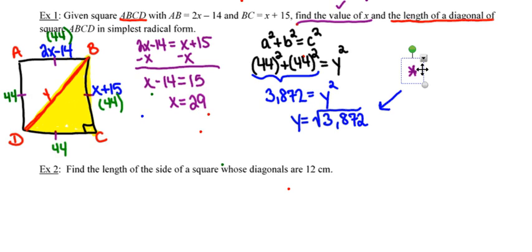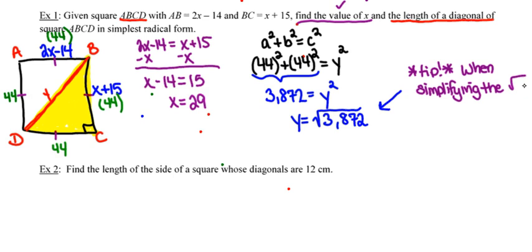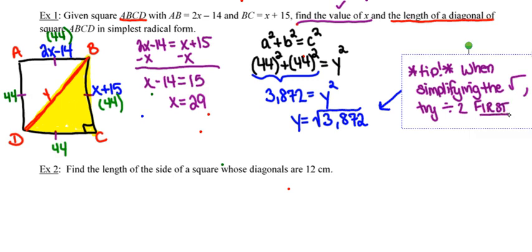So my tip here: when you're simplifying the radical, try dividing by 2 first. Because that trick of dividing by 2 first will always make this less complicated.